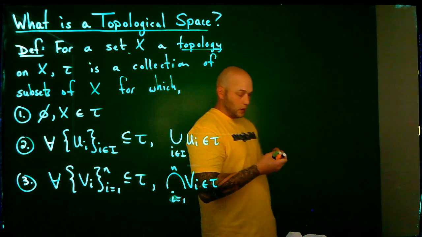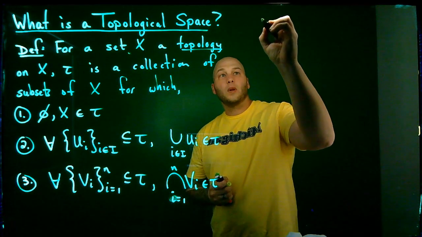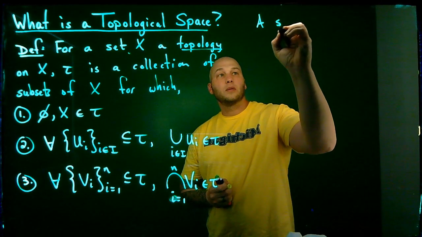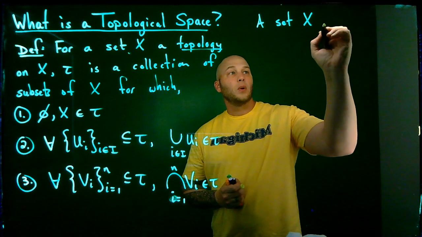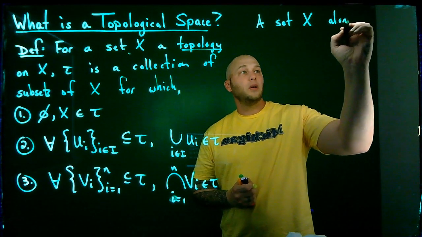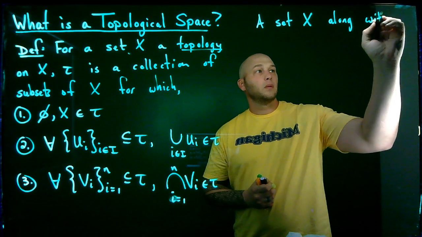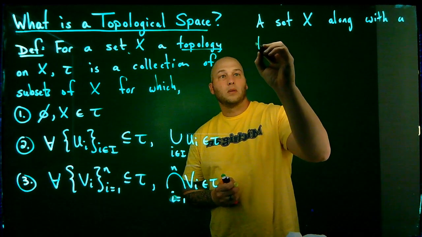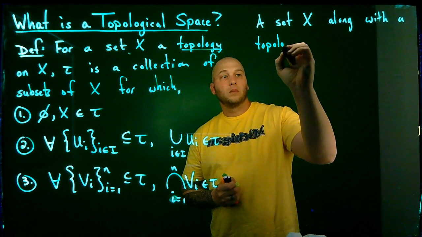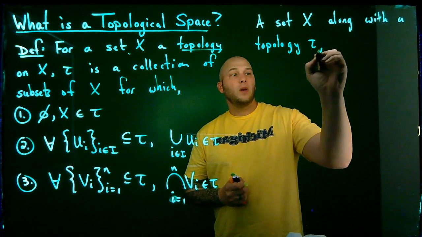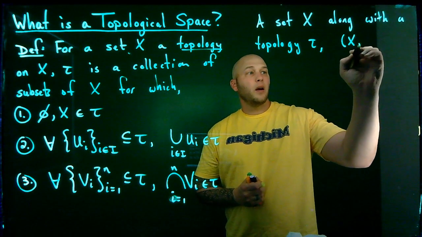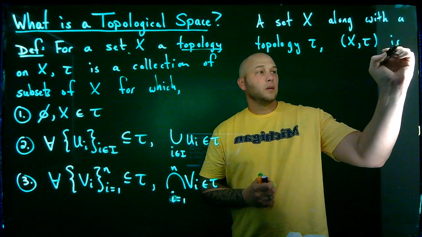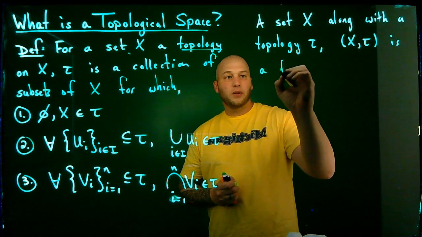Okay? Now, a set X along with a topology tau, sometimes written as the pair (X, tau), is a topological space.